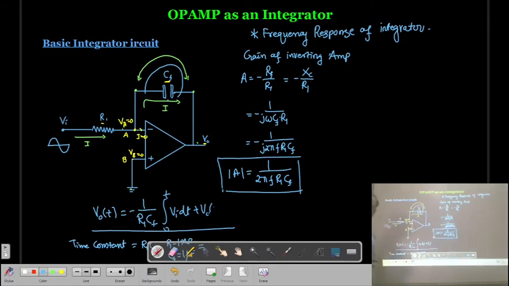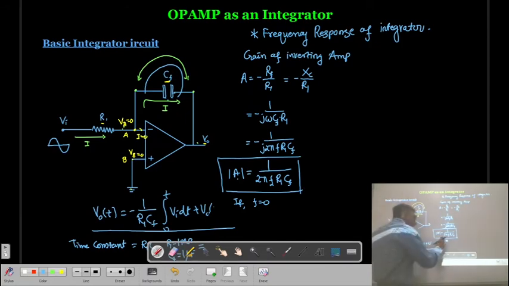And here you can see that with different frequency, the gain of the integrator is also different. And as the frequency is increasing, the gain goes on decreasing. Suppose we apply a DC signal. Remember, if my input is a DC, DC means what? f is equal to 0. DC doesn't have a frequency.